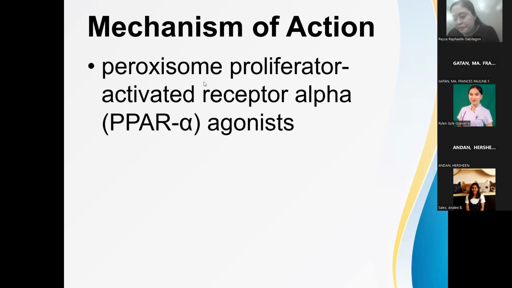Okay? Now, we have encountered this one a while ago in the discussion sa oral hypoglycemic agents. Kaya lang, PPAR gamma kasi yon. Our pioglitazones act on the PPAR gamma. Well, except for pioglitazone because it can also be an agonist sa PPAR alpha. Pero yung mga fibrates talaga natin, their action is on the specific PPAR alpha.